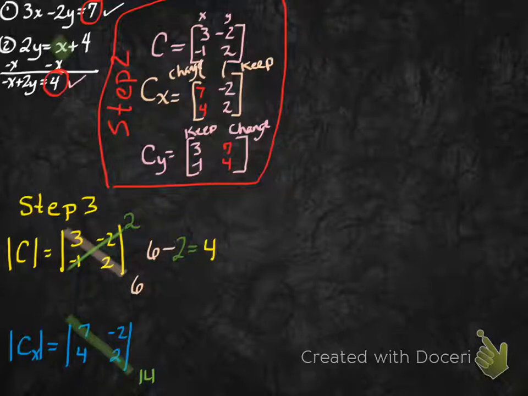When I do my ups, that's when I get the -8. So we have 14 minus a -8. That changes into plus, which gives us the 22.